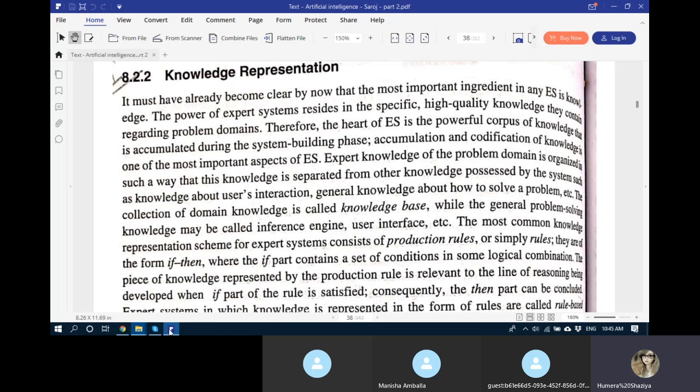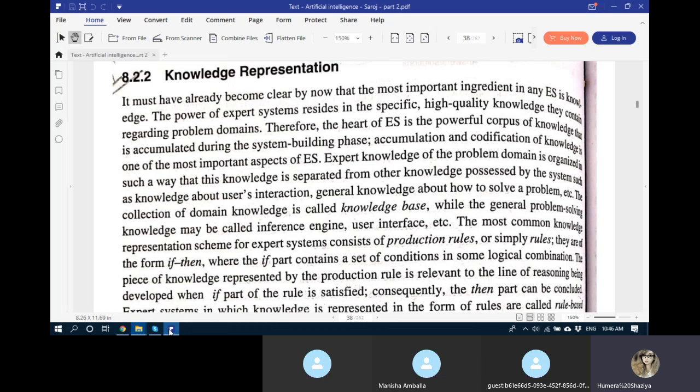And then how do you represent the knowledge? We represent the knowledge in the form of rules, and these rules are said to be production rules. These production rules are in the form of if-then statements. So, if a person is suffering from this, then this. Else if a person is suffering from this, then this, and so on.